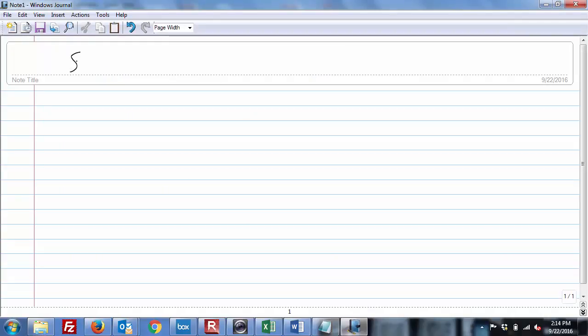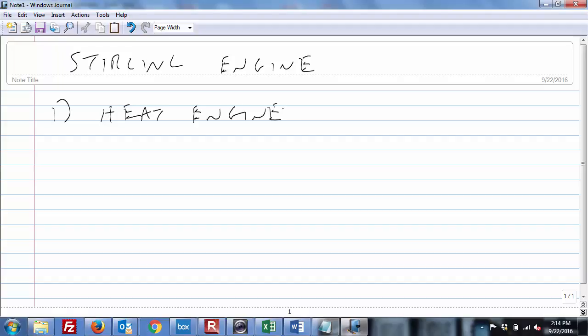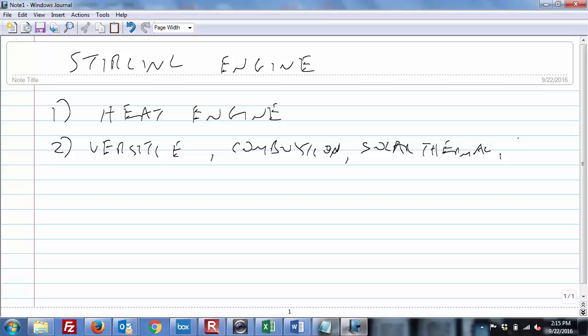So Stirling engine. First of all, it is a heat engine. It's versatile, meaning that we can get heat from combustion, sorry, my handwriting's not going to be the best today, solar thermal, or geothermal.